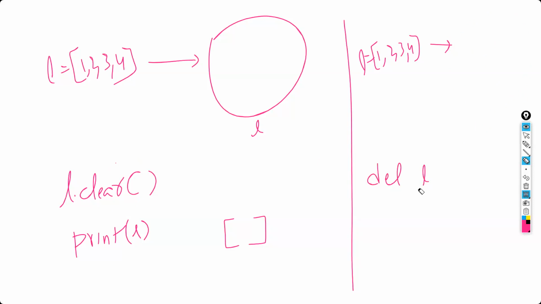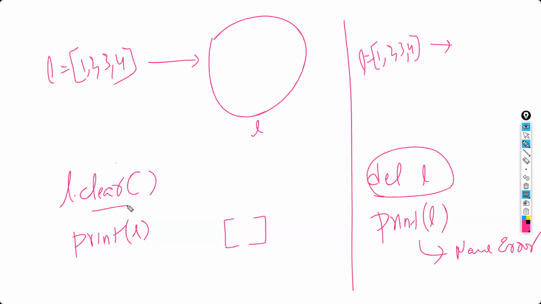Now if you ask print(L), what is the answer? It is going to throw a NameError because the object is not there now. Is the point clear? That is the difference between both of them. Here it is deleting the object; there it is deleting the values within the object.